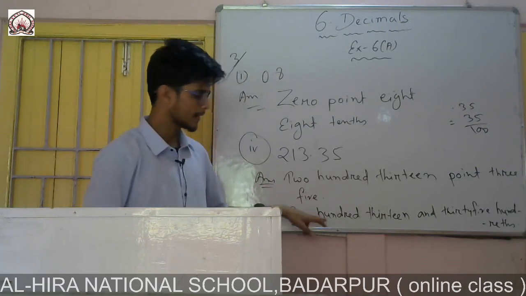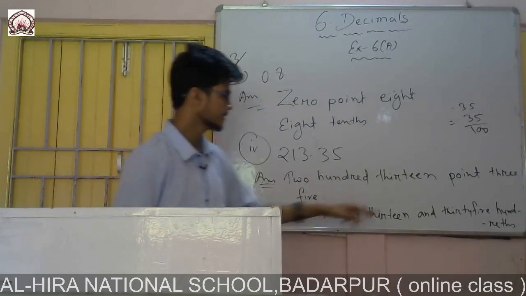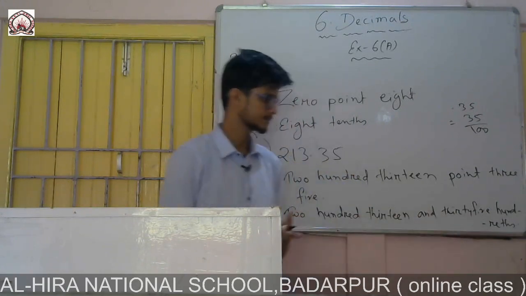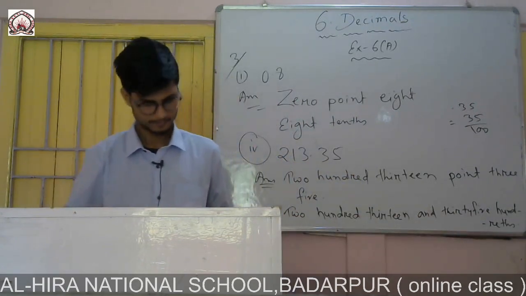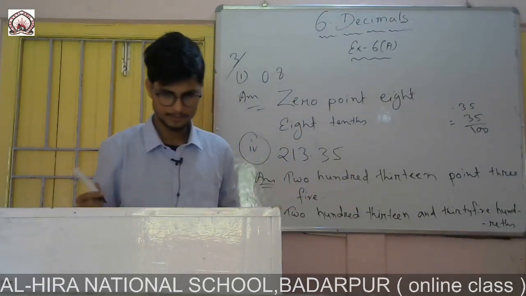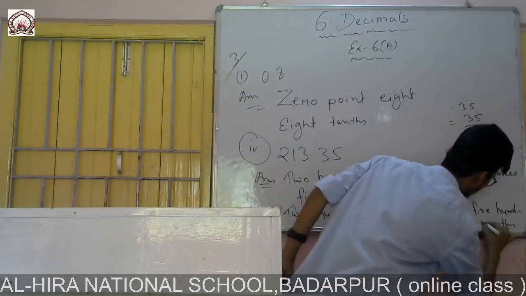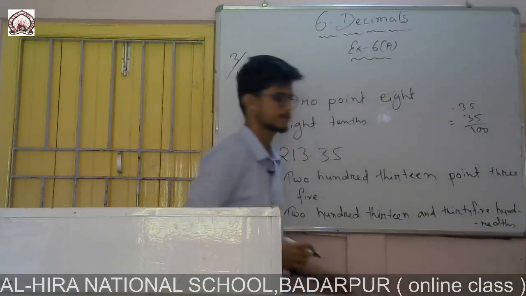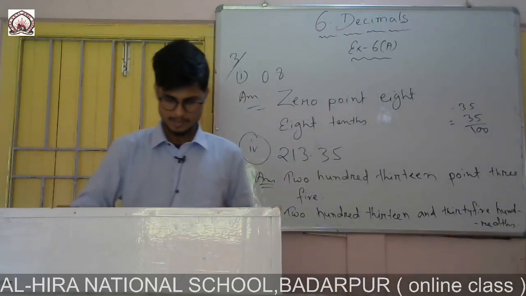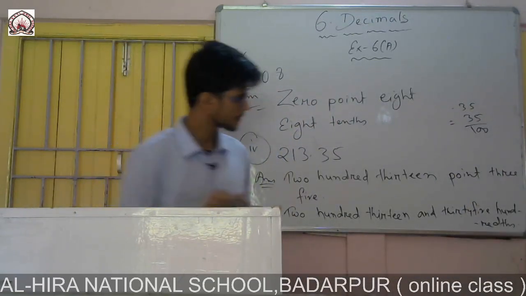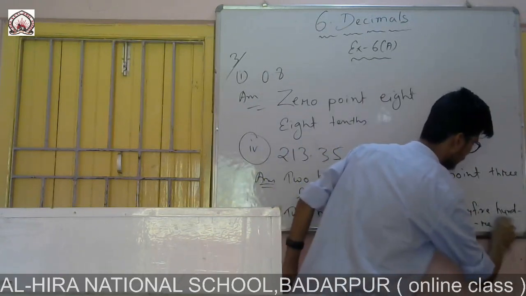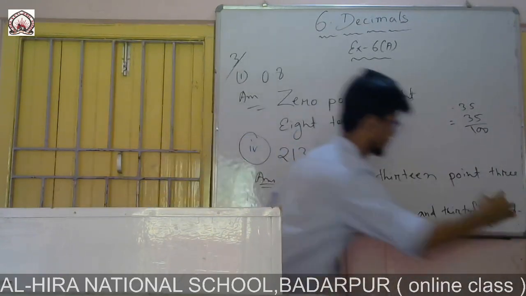Hundredths, 213 and 35 hundredths. Hundredths is correct.